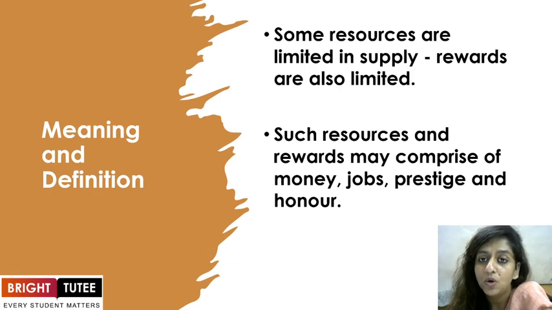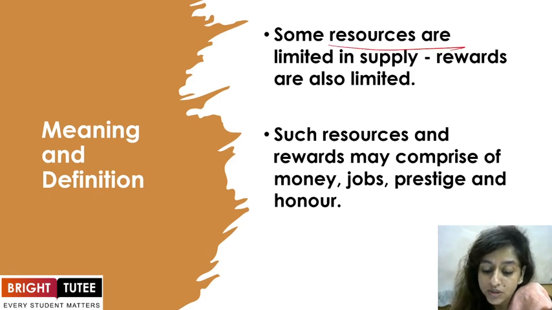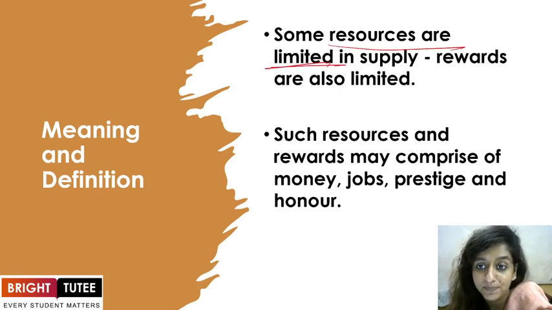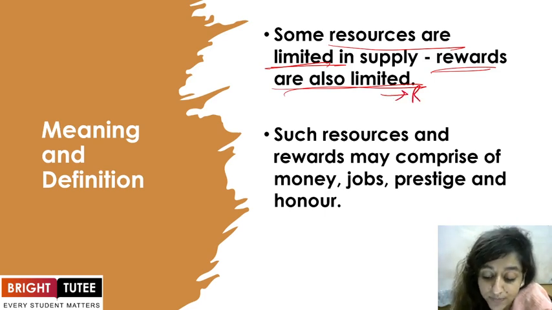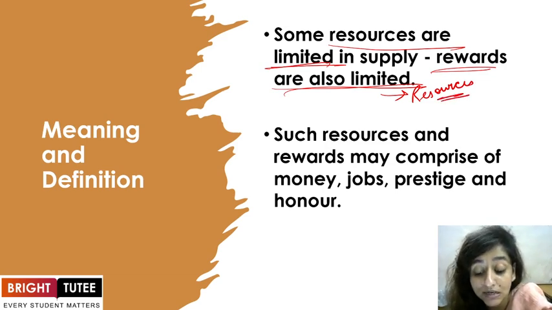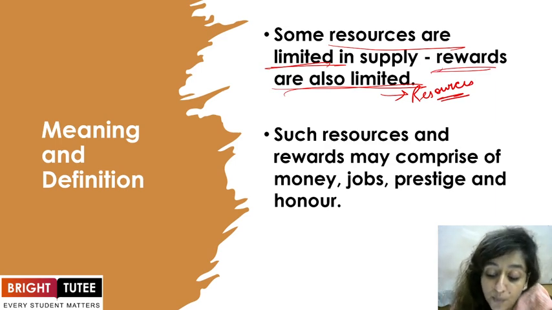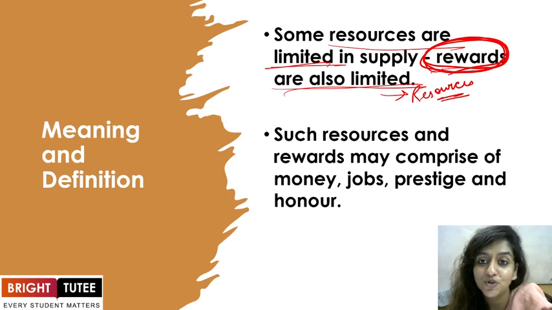Now we definitely know that there are some resources that are limited in supply. Those resources, rewards, are also taken as resources which are limited. Like the natural resources that we talk about that are limited in supply, rewards are also limited in supply.